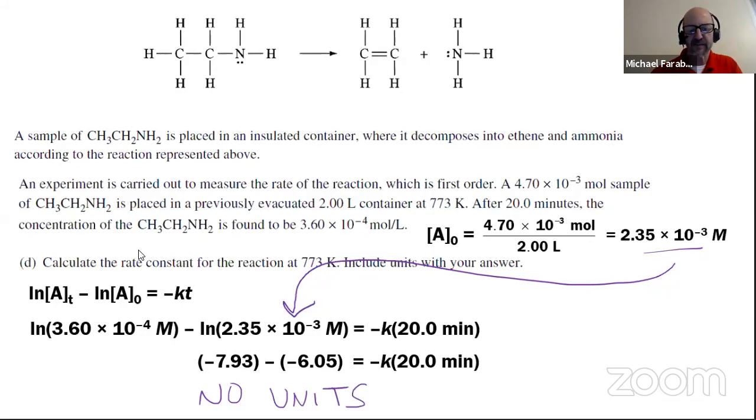On the right, we have K, and we have 20 minutes. So therefore, the units of K are going to have to be inverse minutes. In fact, for a first order rate law, the units will always be inverse time: inverse seconds, inverse minutes, inverse hours, inverse years, whatever. Okay, so we'll go ahead and finish off this problem.